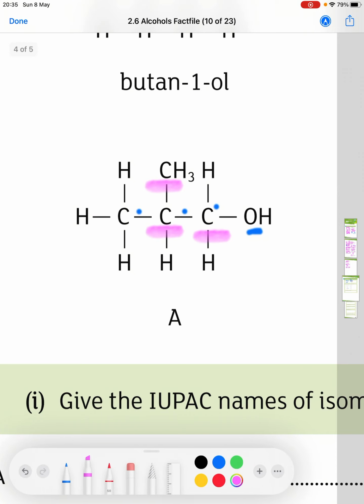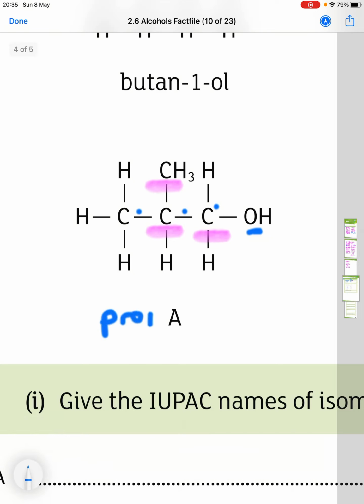So it looks like the longest chain is 3 carbons, so it's going to be a propan-something-ol. I have to put the number in still, and then we've got this methyl group as well. We want the lowest possible total, so I'm going to go 1, 2, 3.